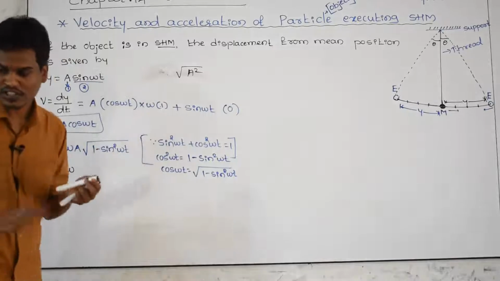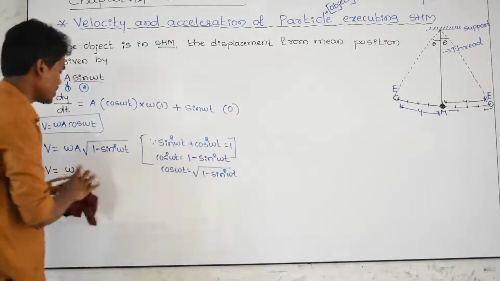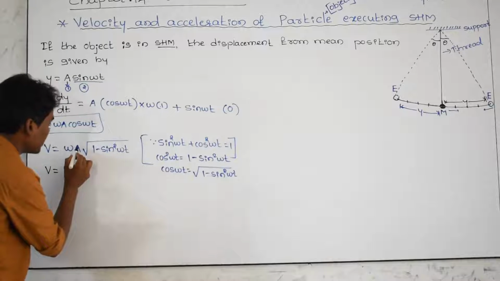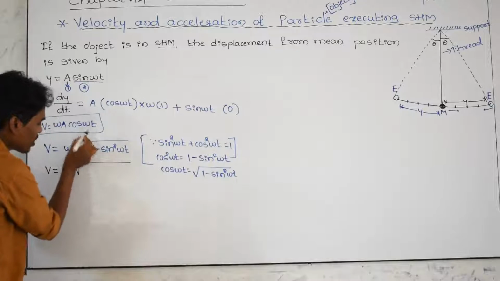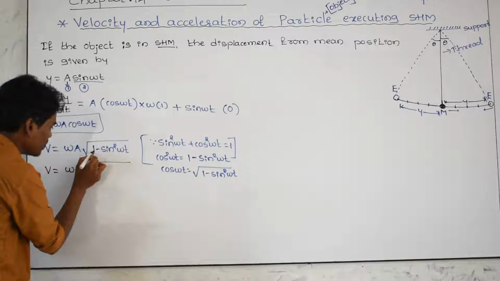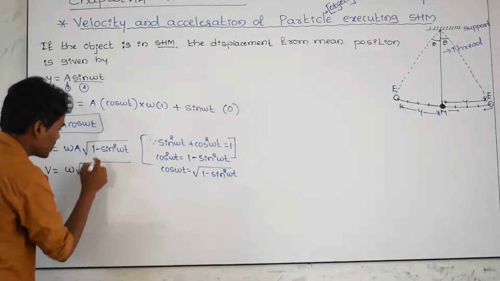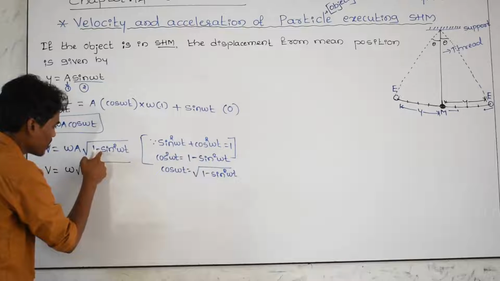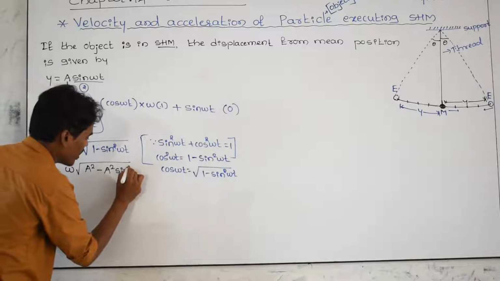This is general mathematical calculation you know very well. Omega as it is, a inside becomes a square, minus a square sin square omega t.